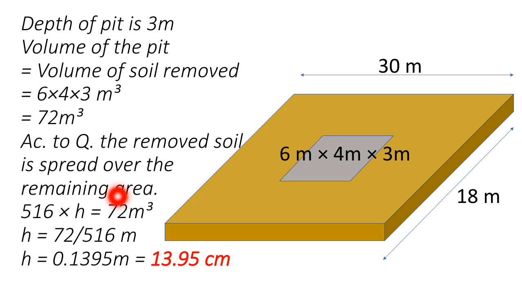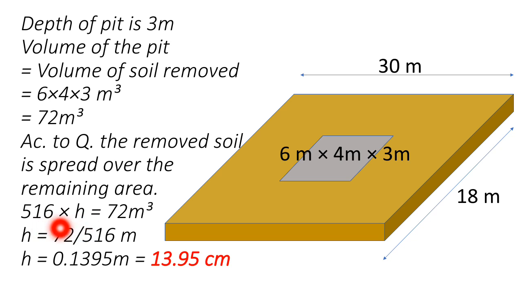So in that area of 516 meter square, the soil is spread, and that's why there will be a rise in the level of the field. So we have to calculate that rise. Suppose we take that rise as h. So 516, the area of the field, is multiplied with the height.